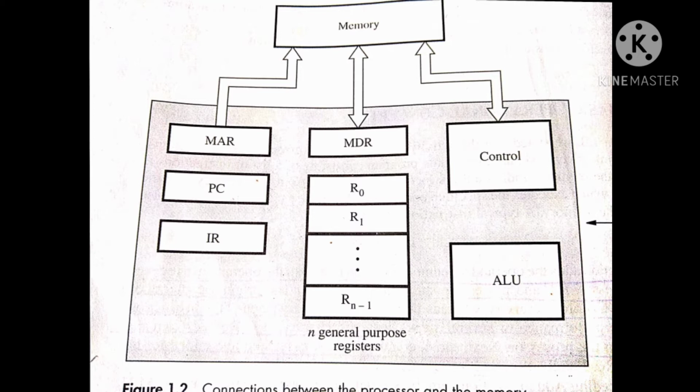It's like all the children are standing in a line. The first person standing is our instruction register, and the person standing at the back we can consider as the program counter, because after each of these instructions, the person standing at the back is the leader of this class and is directing each student: after this you go, after this you go, like that.